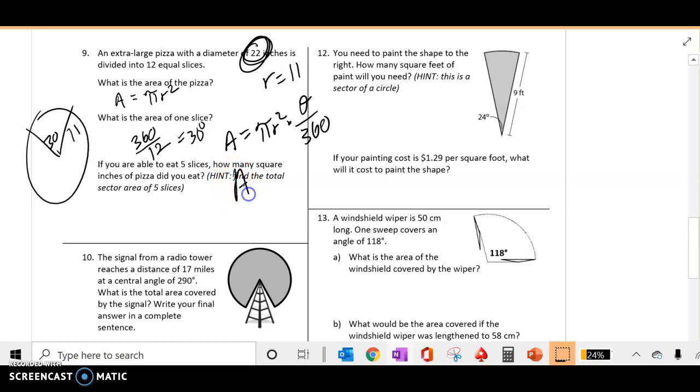Okay, so that gives me area is pi times 11 squared times 30 out of 360. 11 squared is 121, so 121 pi times, I can cancel those zeros out, I can divide both by 3, so that gives me 1/12 if I reduce it, and then if I just multiply straight across, I get 121 pi over 12.